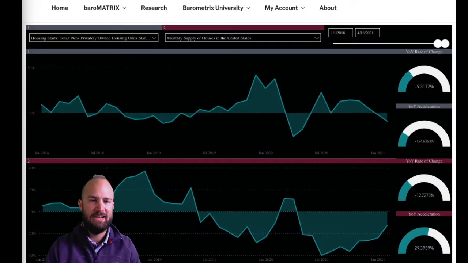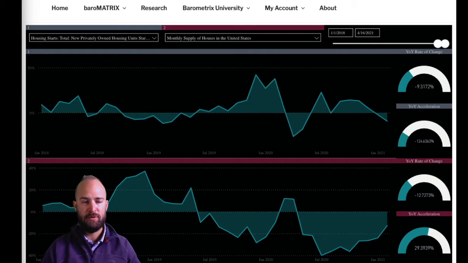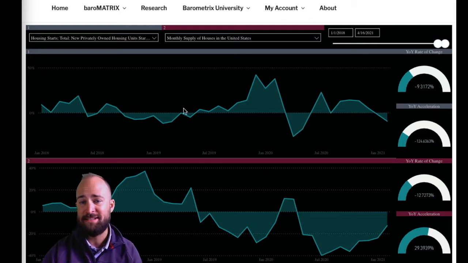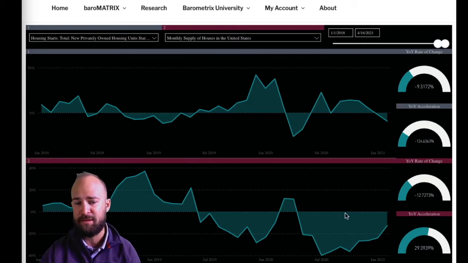One last thing I wanted to touch on related to economic data before we move on to U.S. equities is this push and pull between housing supply and demand. So this top chart here is housing starts, and the bottom chart is monthly supply of houses in the United States. So think of the top chart as demand and the bottom chart as supply.